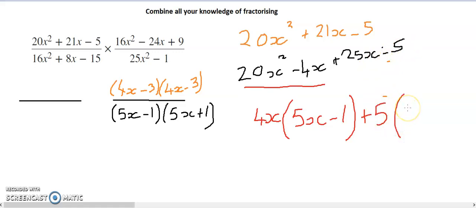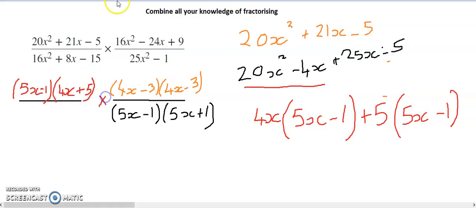So 25x divided by 5 is 5x minus 1. Again, both are being times by 5x minus 1, so that means I know that I'll put 5x minus 1 over here, and that is being times by 4x, and it's also being times with 5.